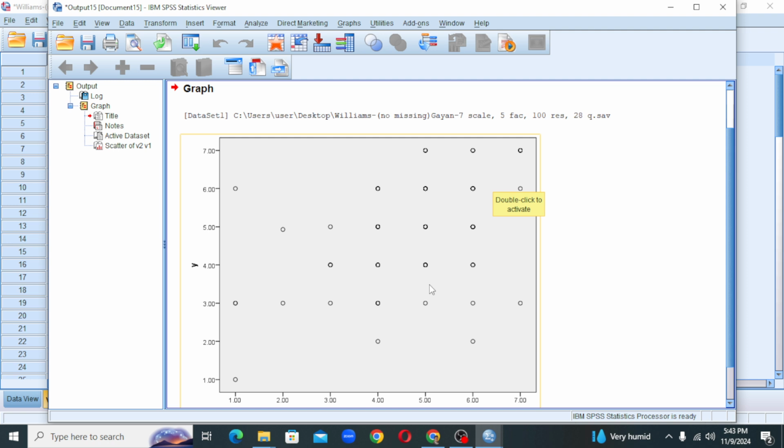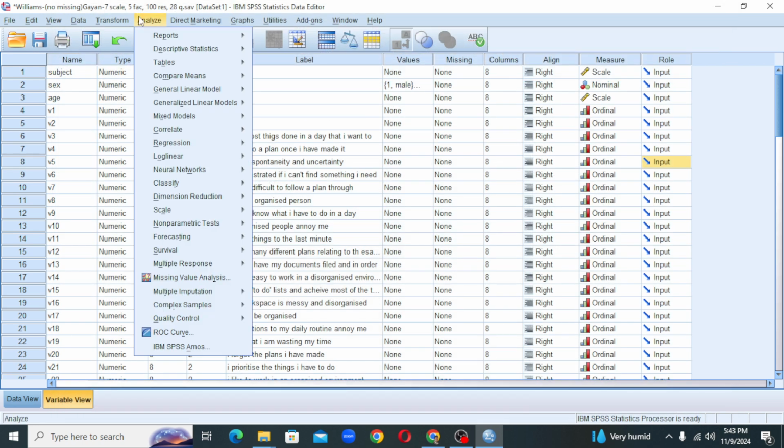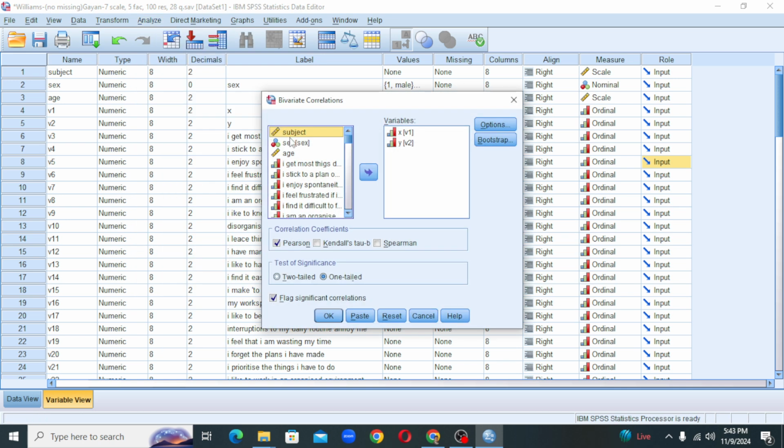So we will be moving on to the second method, that is correlation. We will be moving on to Analyze, then Correlate, Bivariate.